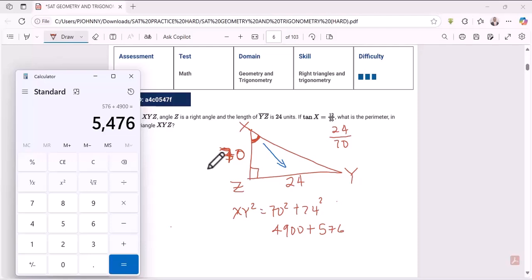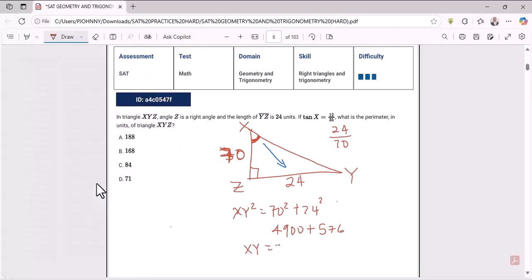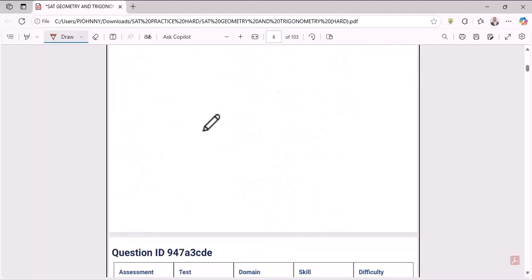So what's the square root of 5476? That's 74. So XY is equal to 74 units. So if you want to find perimeter, it's basically 74 plus 70 plus 24. So this is 98 plus 70. So this is 168. So option B is the correct answer for the perimeter of the triangle.